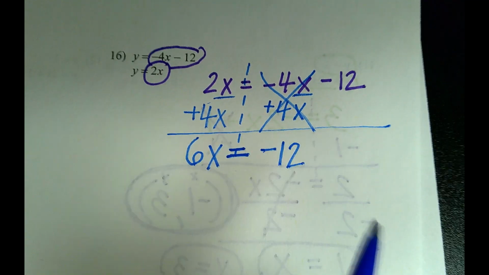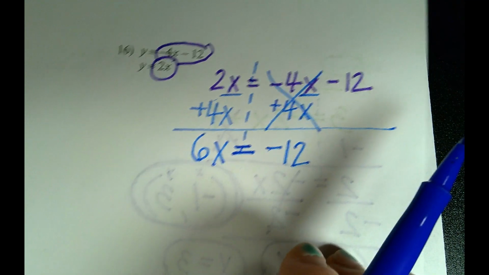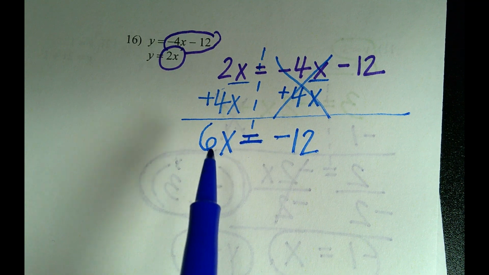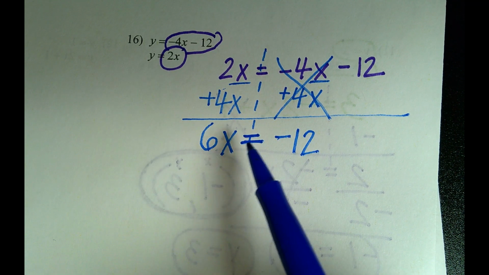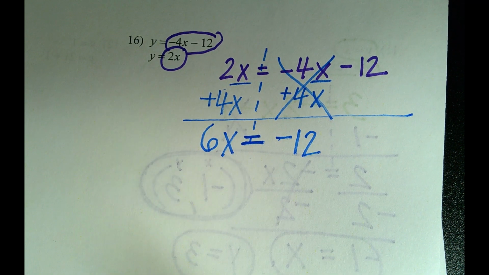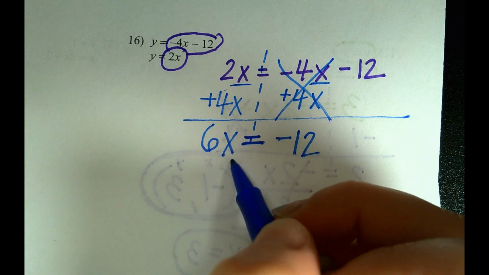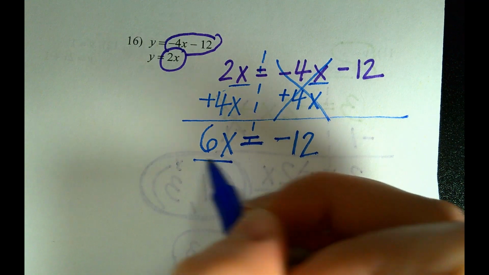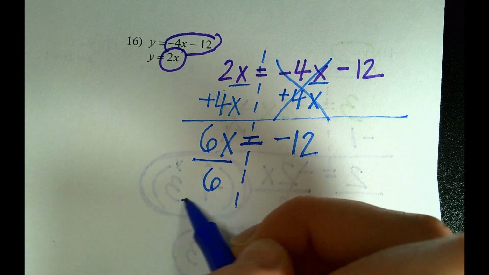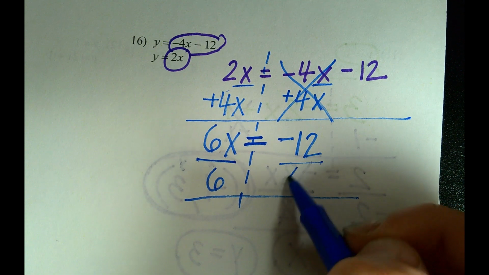Just bringing down those numbers. Now I have 6x, or 6 times x, equals negative 12. How do I get x by itself? We're going to divide by what? By 6. And if I do something on one side, I have to do it to the other.